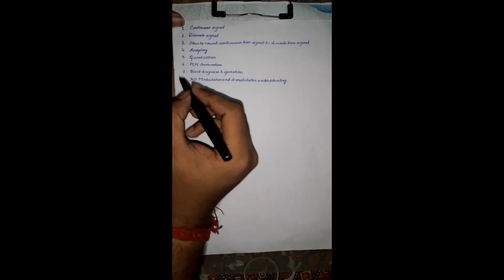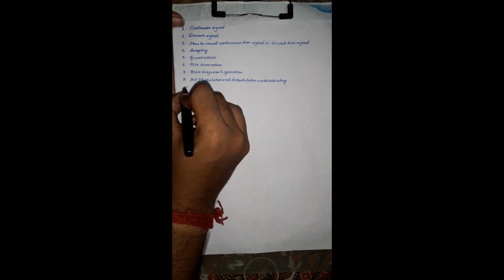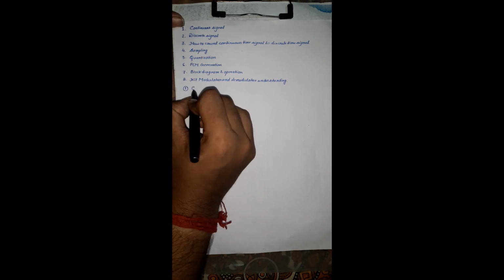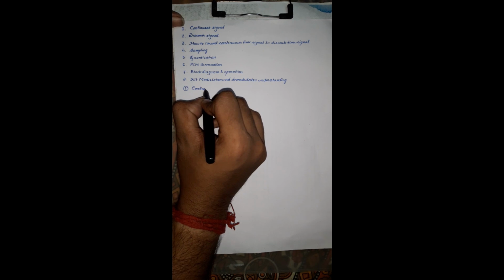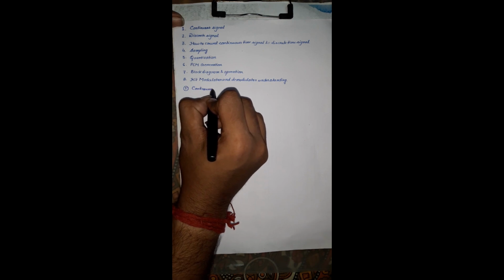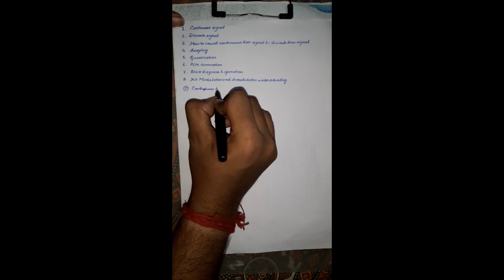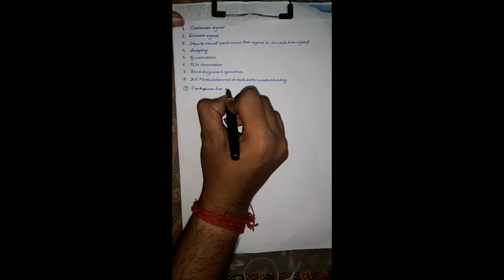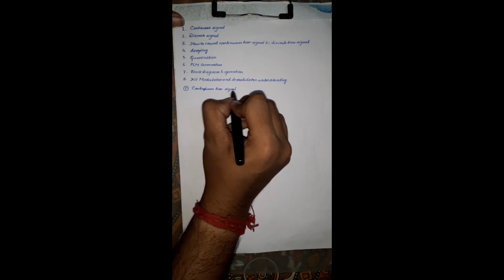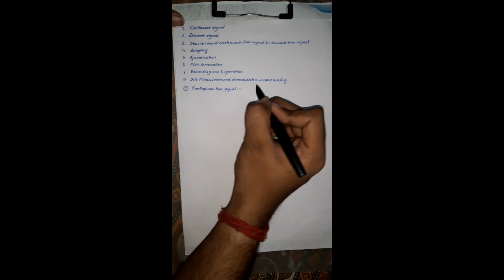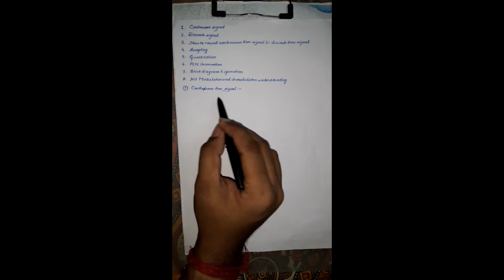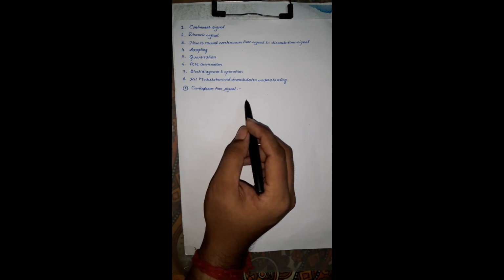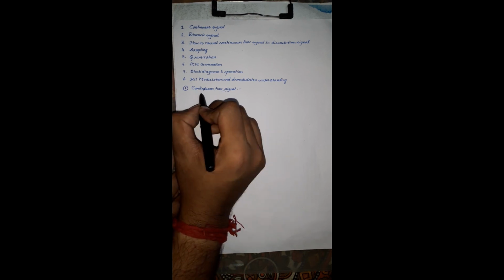Okay, so let us start our first topic, that is continuous time signal. Basically, what is the continuous signal? That is nothing but the continuous time signal. If I tell you the definition, it is the signal that is continuous in time and continuous in amplitude.